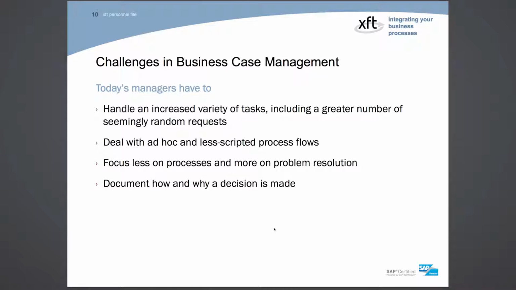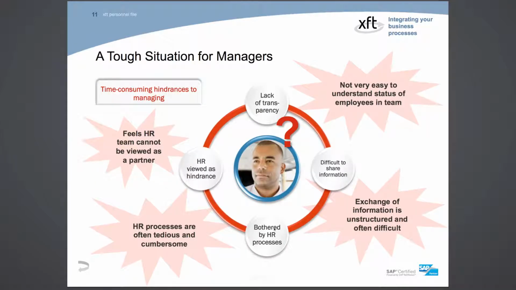And the electronic personnel file is one way to offer them more support, to allow them to deal with ad hoc and less scripted process flows, to focus less on the process than on the problem and the resolution, and have the documents and an understanding and documentation on the document by logging information, by making notes on the document, when a decision was made, why it was made the way it was done, and have that as part of the permanent record.